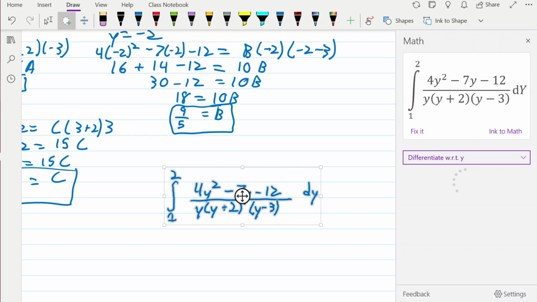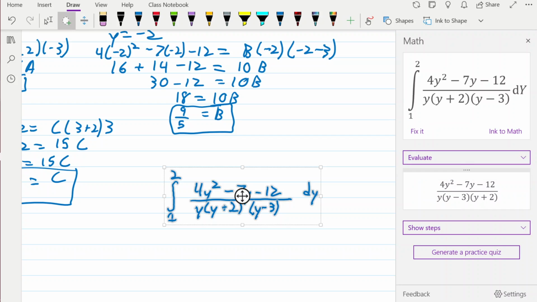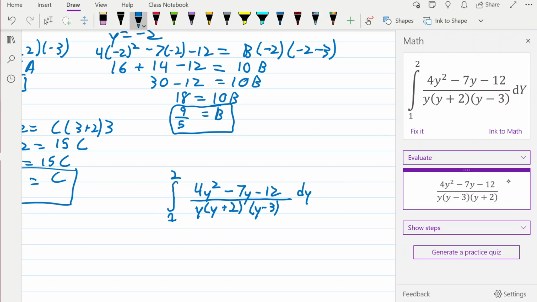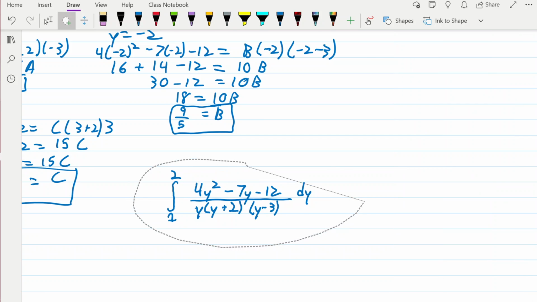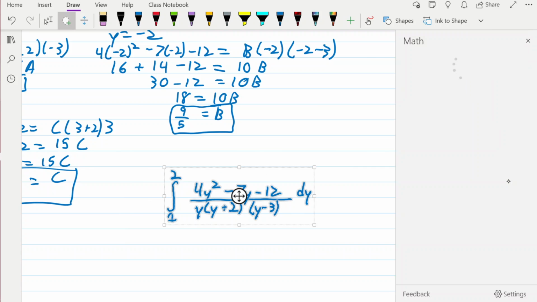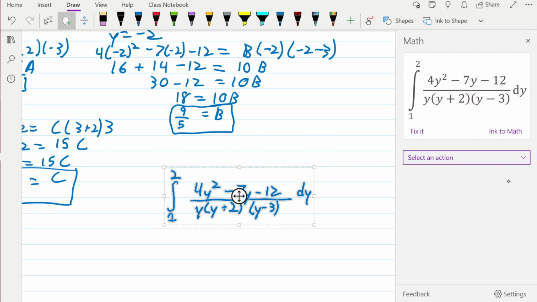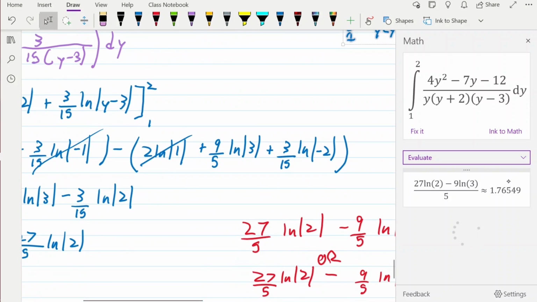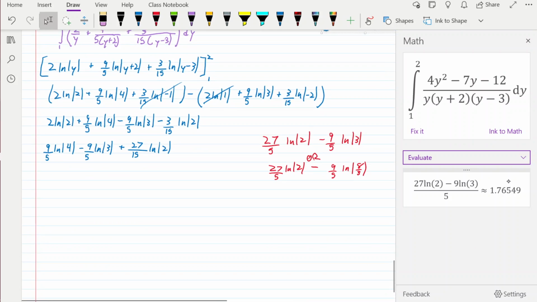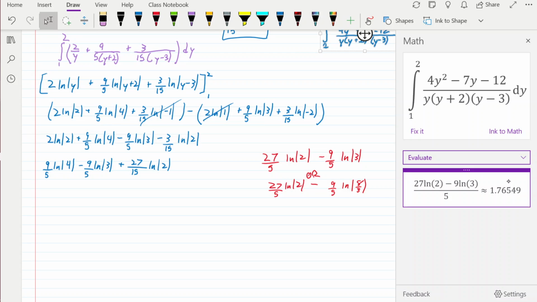So differentiate with respect. Oh wait, no, we want the integral. We want it to be evaluated. At least it's picking up on it, but okay, so I think I had to have done something wrong because it's supposed to be saying it's getting it over 5.